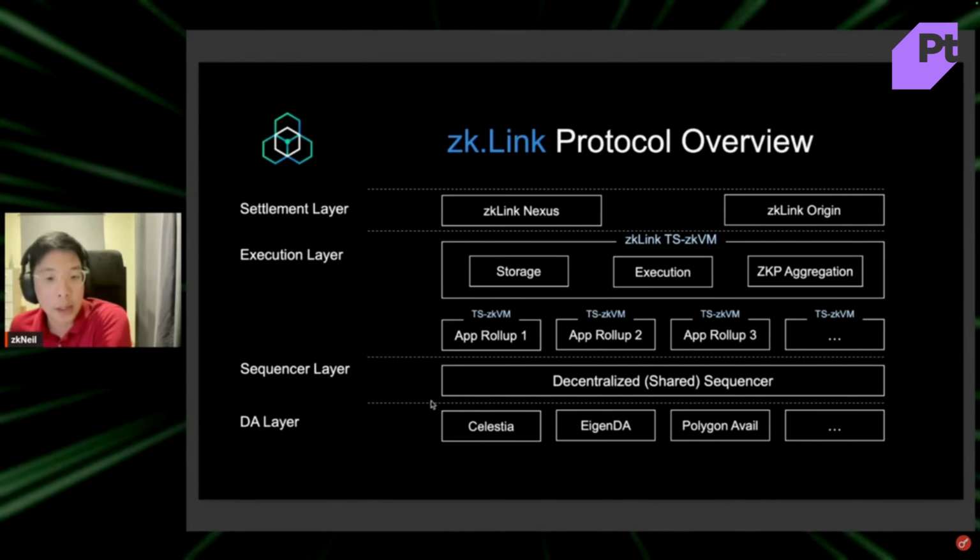In some cases, if your dApp is an NFT marketplace, you're going to need some high frequency trades, and the same thing goes if you're an exchange. So you're going to need to customize different areas inside the TS-ZK VM, and of course you could also improve your data storage with your DA layer, and eventually change up the sequencer.